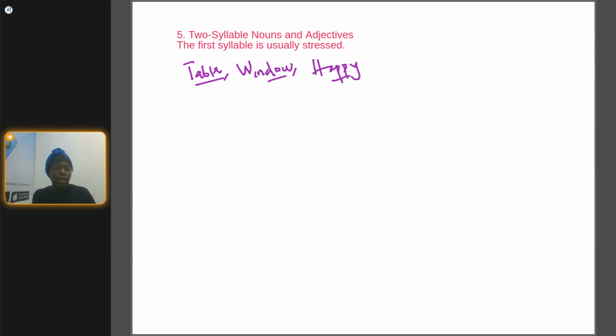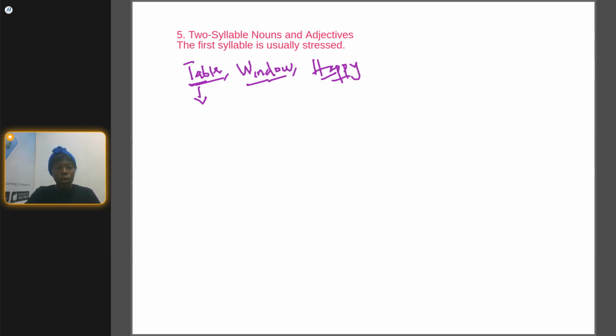They are all two-syllable words, so the stress is on the first syllable. The stress on table is on ta, on window it is on win, and on happy it is on ha. Once the word is a two-syllable noun or adjective, the stress is on the first syllable.